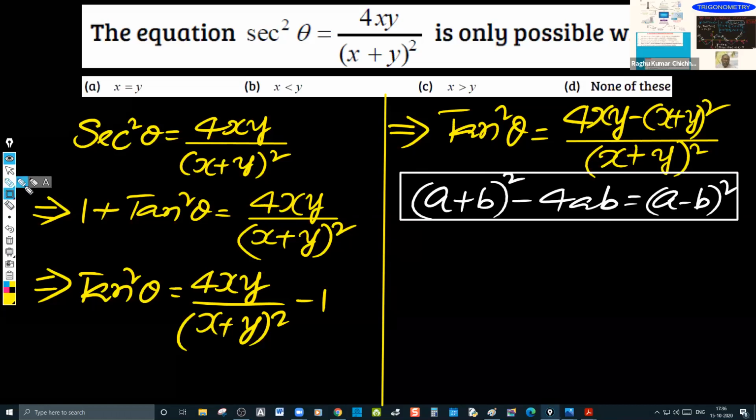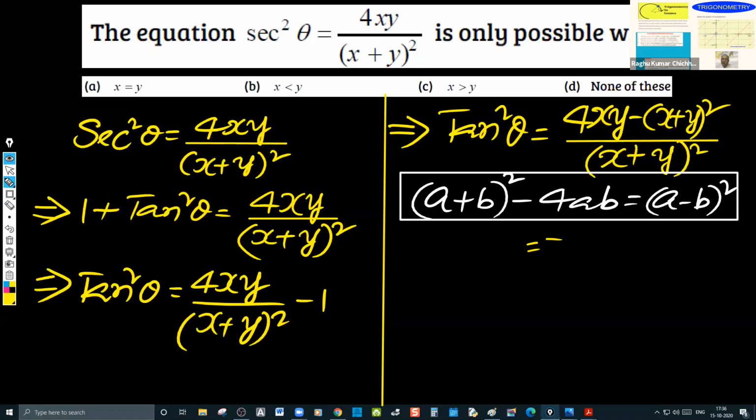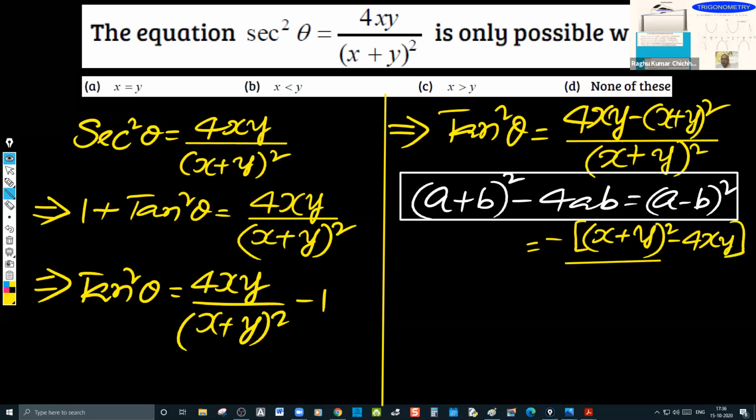Now, tell me the numerator there. I'll make it comfortable for you by taking minus common there to get this form: x plus y whole square minus 4xy, whole divided by x plus y whole square.